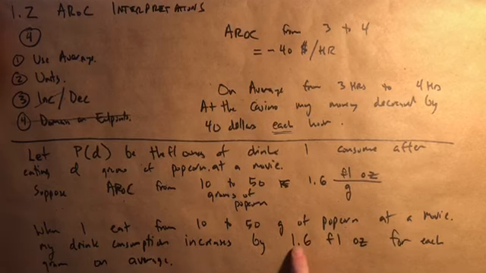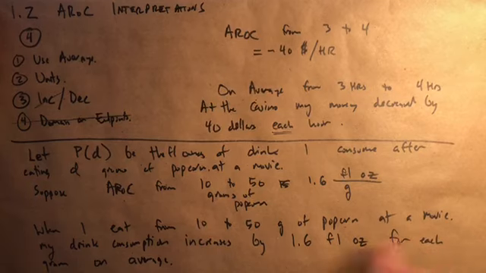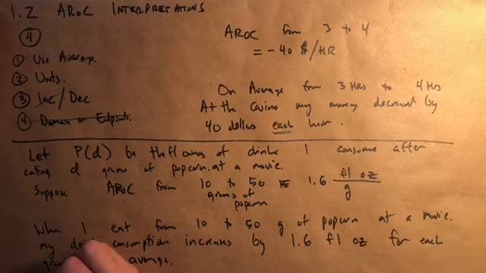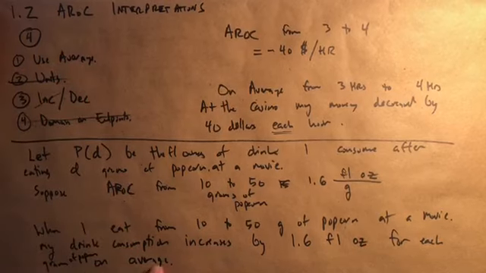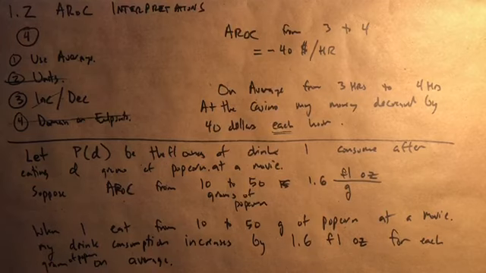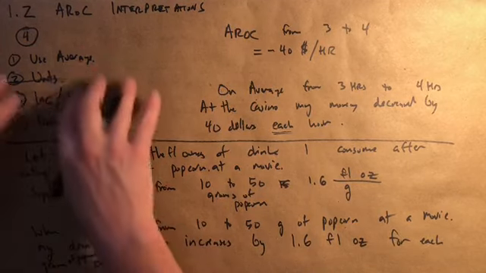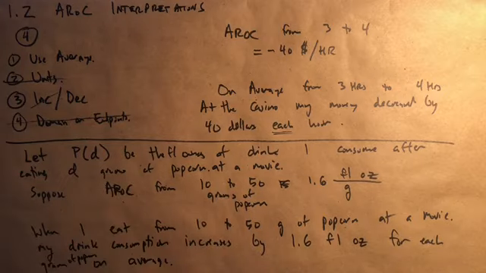So when I say 1.6 fluid ounces for each gram, I could probably say of popcorn. But that takes care of my units. And then I can sneak on average in there. Here's the thing. The more practice you get here, the better you're going to get at it. And you can take these 4 things and kind of scuggle them up as you see fit, okay?